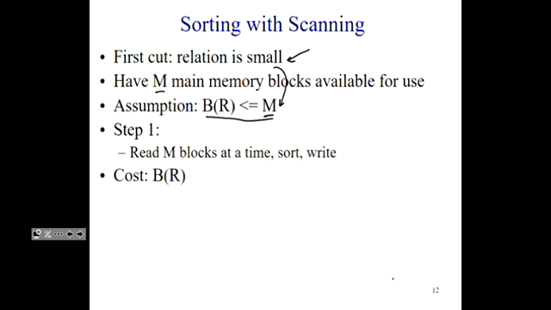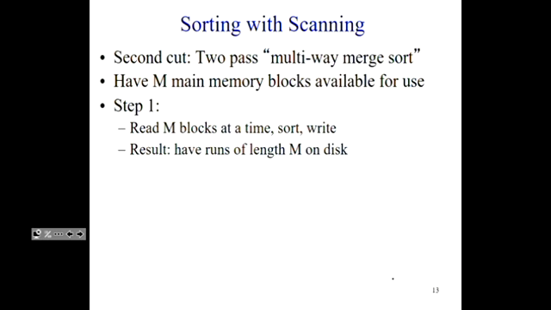But if the relation isn't that small, then we need to do a multi-pass, multi-way merge sort. So let me describe the two-pass multi-way merge sort here. Once again, we have M main memory blocks available for us to use. Let's say this is my sequence of blocks for the relation, and let's say the number of main memory blocks that I have, M, is equal to 3. So I can only accommodate 3 blocks at a time in memory.